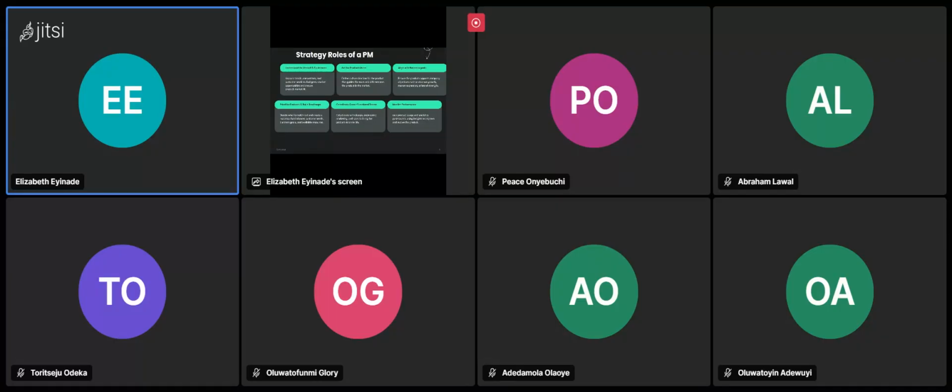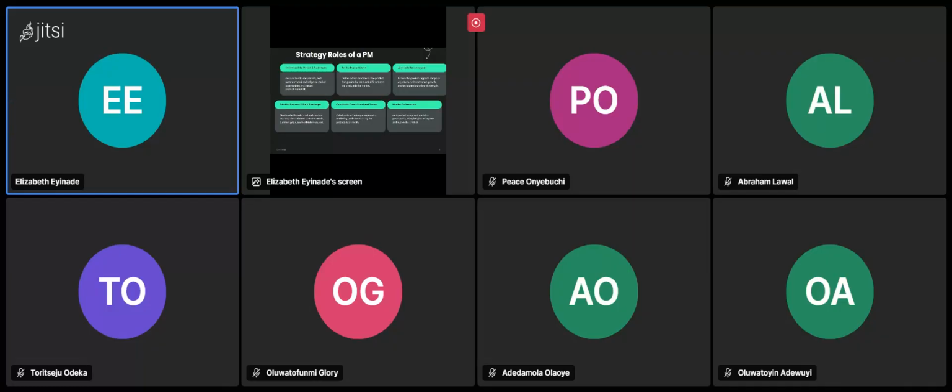Okay, so we have the strategic roles of the PM. As a PM, you have to play an important and strategic role in an organization. We already know why PMs matter in an organization.